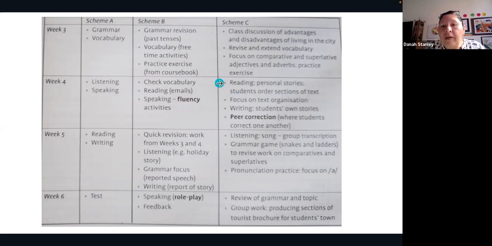Obviously here, the personal stories can be a person that used to live in the city and then he moved to a smaller city or vice versa, okay? I'm deducing. Grammar revision and pronunciation revision. So in here they are just producing.